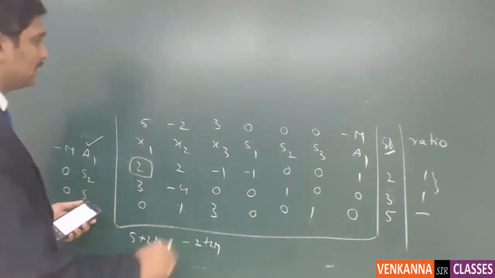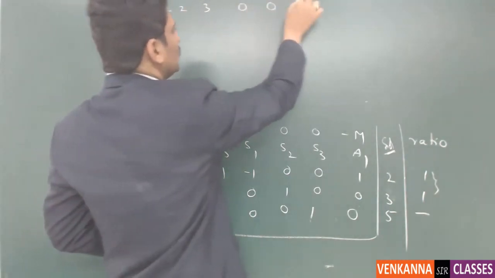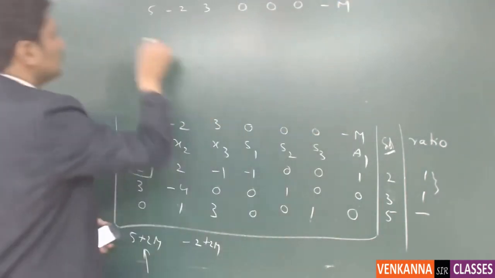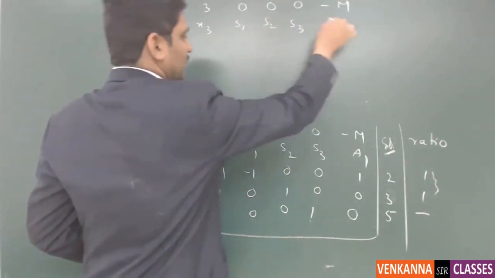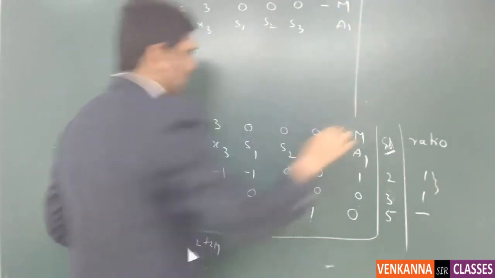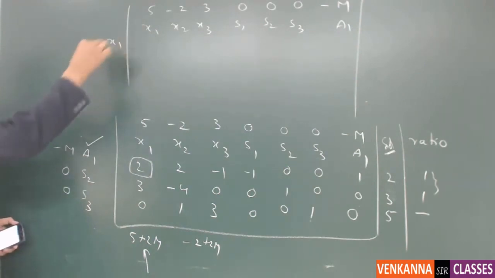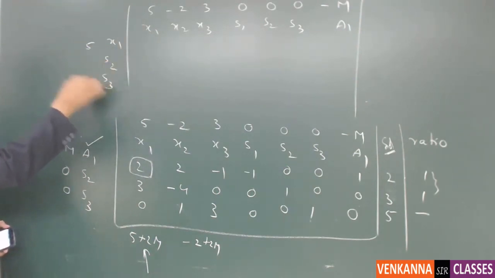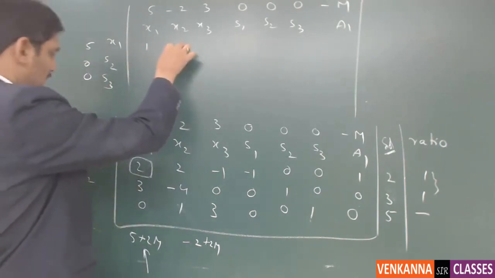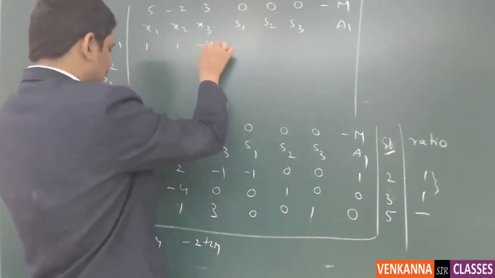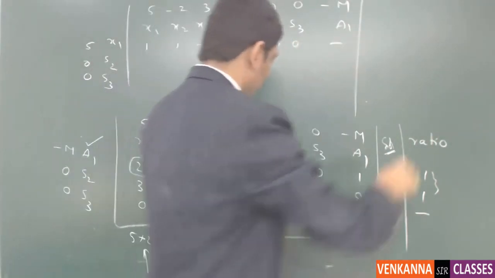So you are going to get the things as 5, minus 2, 3, 0, 0, 0, minus m, x1, x2, x3, s1, s2, s3, a1. a1 is replaced by x1 with coefficient 5, s2, s3 will remain here 0, 0. The table will come like this: 1, 1, minus 1 by 2, minus 1 by 2, 0, 0, it is removed.